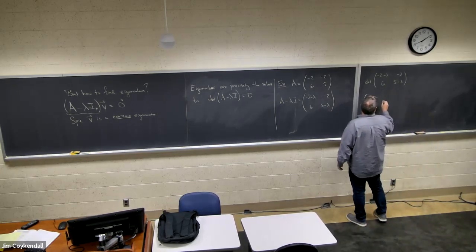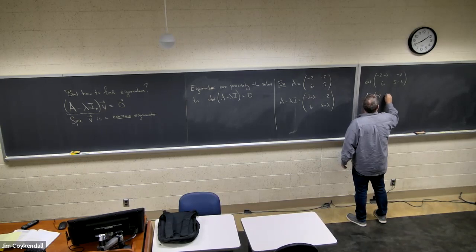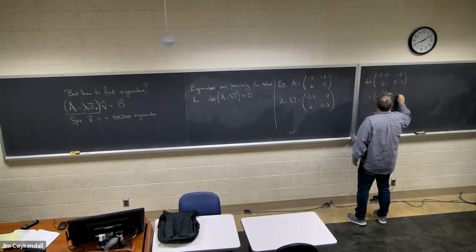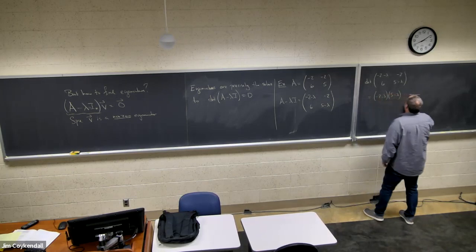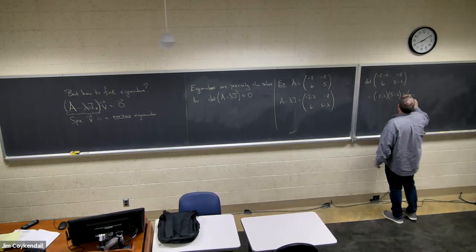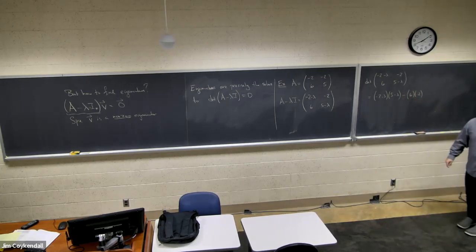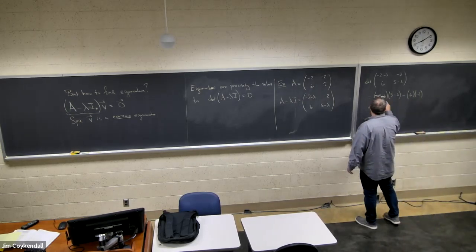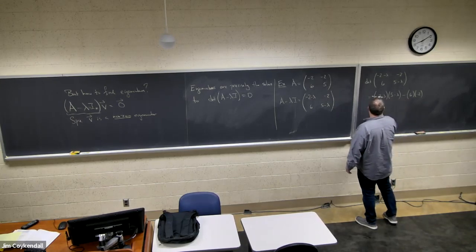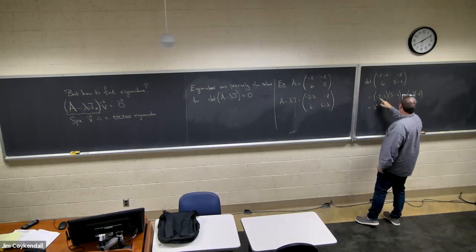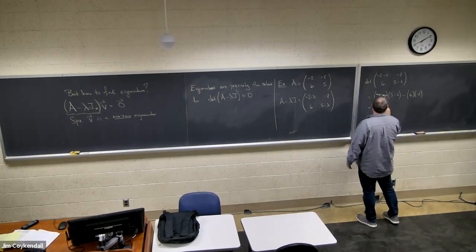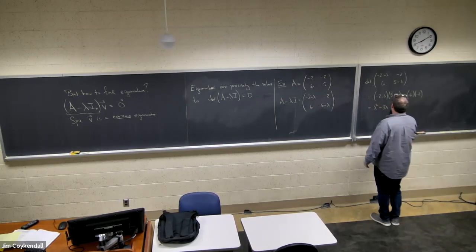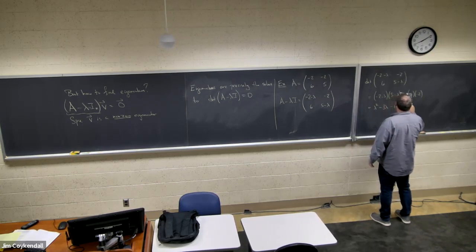We get minus 2 minus lambda, 5 minus lambda, minus 6 times minus 2. This should give me a polynomial in lambda, so I should be able to figure out the eigenvalues. Let's see what we get. This is going to be lambda squared, plus 2 minus 5 minus 3 lambda, then minus 10 plus 12.